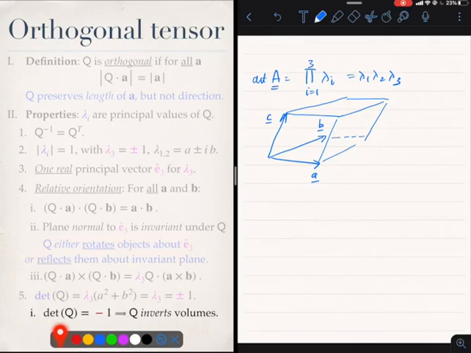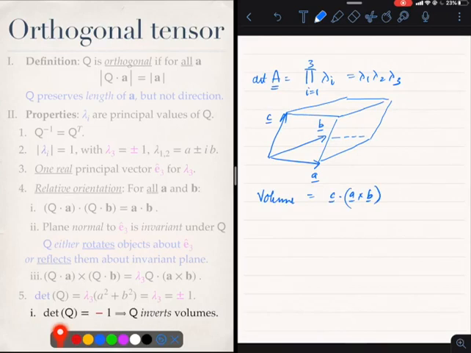So the volume is C dot A cross B. Okay, I think that's right.